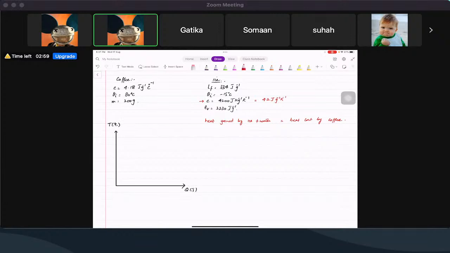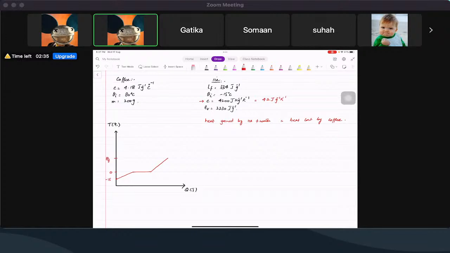For ice, you should remember that it is at minus 15 and it goes to 0 first. At 0, ice will start to melt, and when it has completely melted, it will become water, which will raise its temperature to some equilibrium temperature that we call theta F, the final temperature.